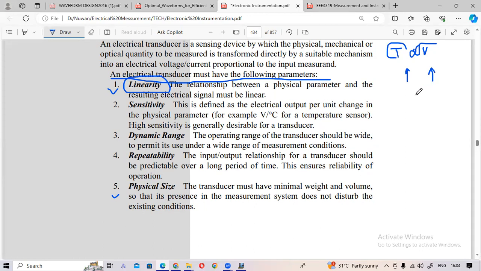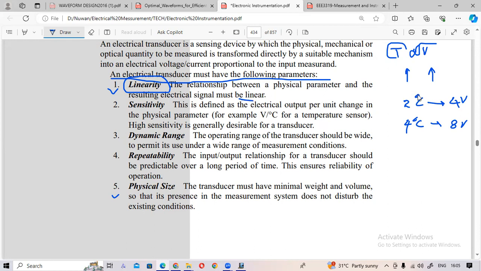So maybe for 2 Celsius, it will generate, let's say, 4 volts. So that means for 4 Celsius, it should generate 8 volts. If this kind of relationship is there, then that transducer is an ideally linear transducer.